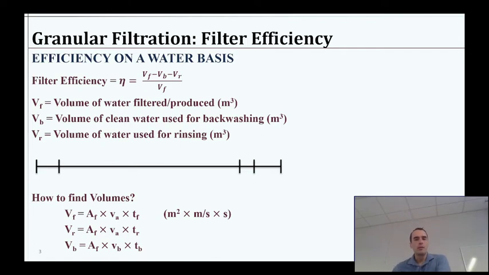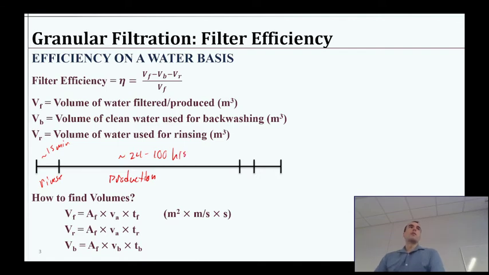So a given cycle, I'm just going to write this up first: we have that rinse time, which is rinse or ripening. That's typically about 15, 20 minutes. I'll just say 15 minutes, okay? Then we have the production, and that's going to be anywhere from 24 to 100 hours.